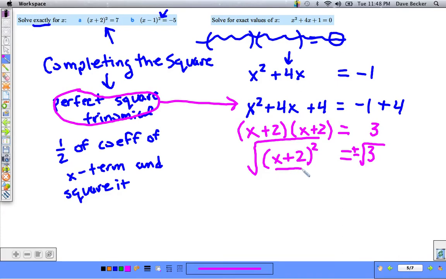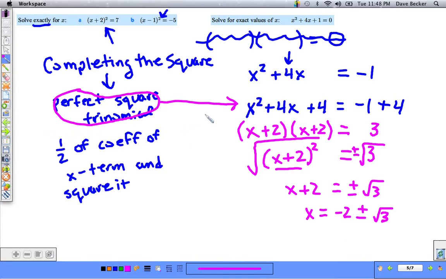In this case, the anything is x plus 2. So now x plus 2 equals plus or minus root 3. So therefore x equals negative 2 plus or minus root 3. And we have solved that quadratic by completing the square. Cool beans, I know.